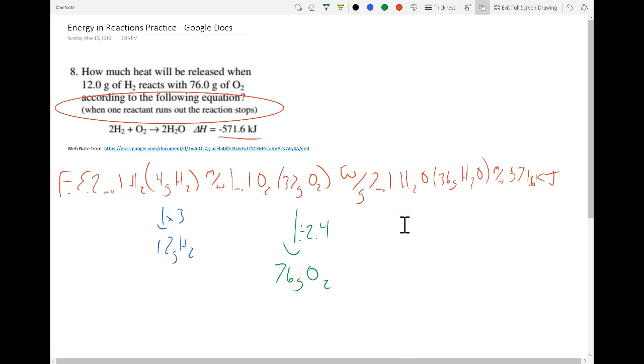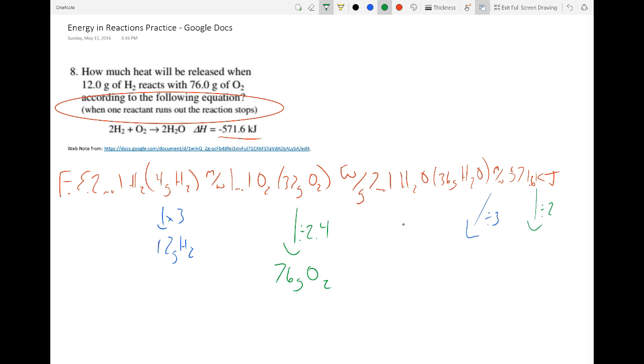We could either divide by 3, or we could divide by 2.4. Now, whichever one results in less energy being released is the limiting reactant. So dividing by 3 is going to give us a smaller number than dividing by 2.4.